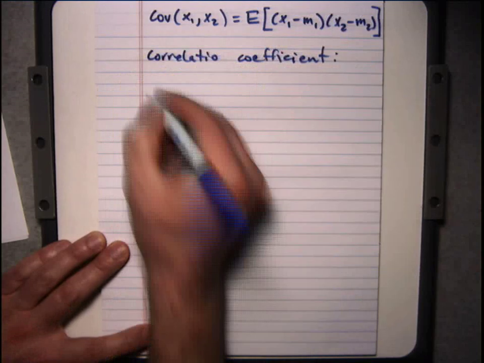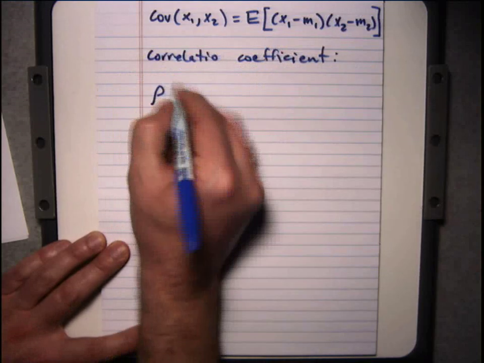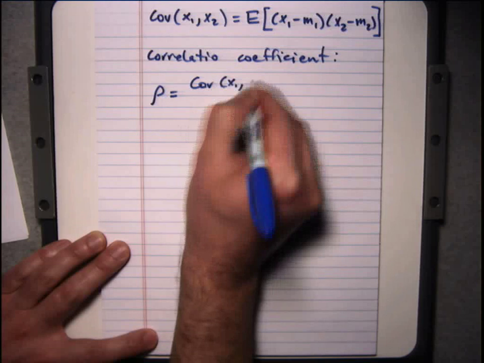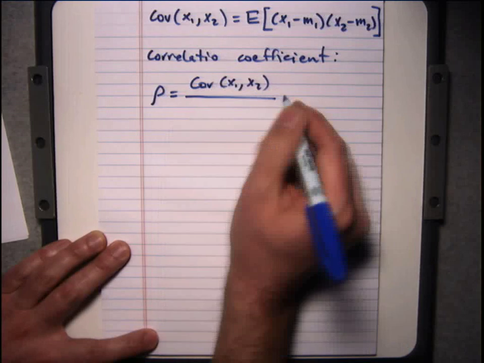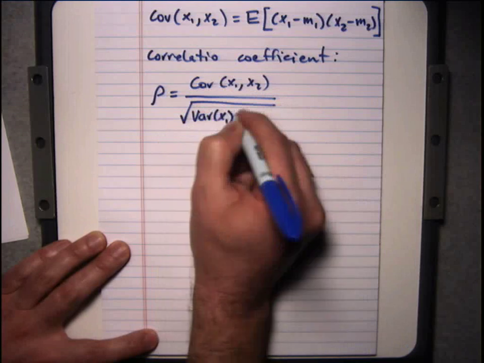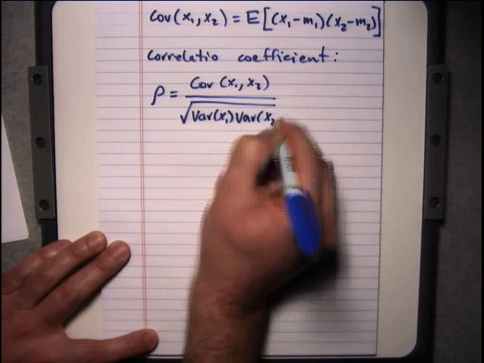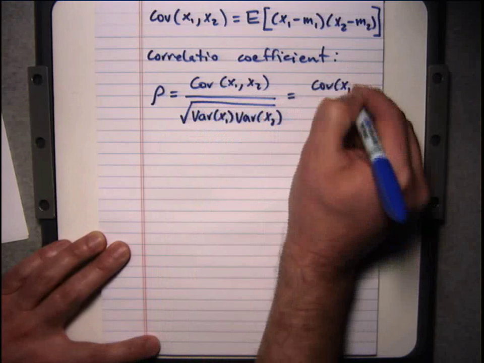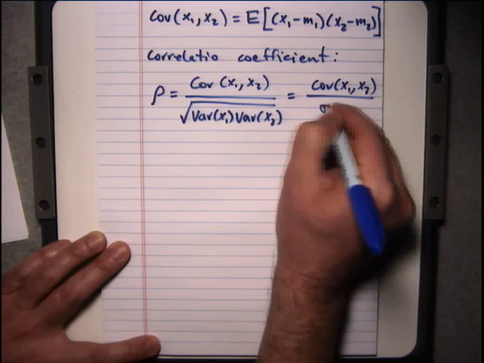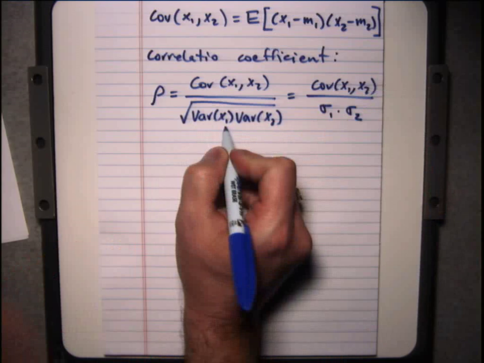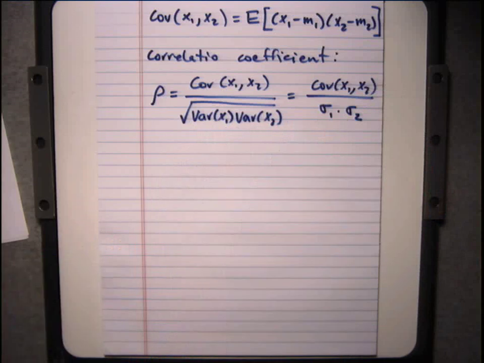The correlation coefficient, we call that rho, is a normalized version of the covariance. This is the covariance of x1 and x2 divided by the square root of the variance of x1 times the variance of x2. Another way to write it is covariance of x1, x2 divided by sigma 1 times sigma 2. Variance of x1 is sigma 1 squared, and variance of x2 is sigma 2 squared, so you take the square root, and this is what you get.